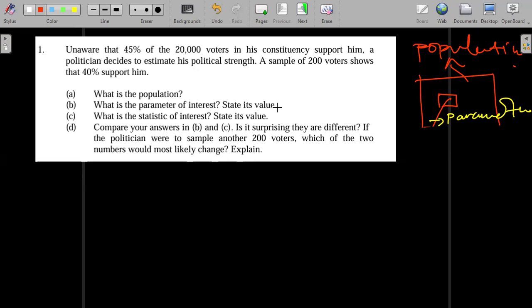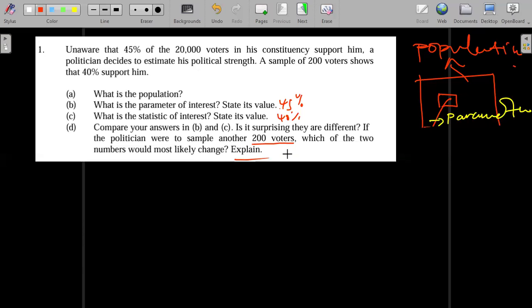Remember, the value that we found here was 45%, and the value that we found here was 40%. So they're asking, is it surprising that these two are different? The question goes on: if the politician were to sample another 200 voters, which of these two numbers would most likely change? And then they're saying explain.